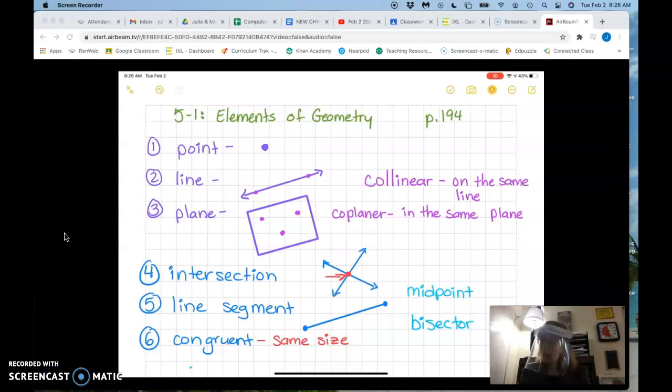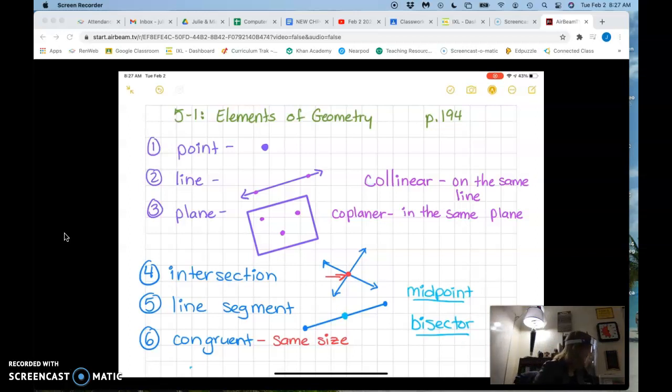Okay, so 2 more words that go with line segment are midpoint and bisector. The midpoint is going to be a point in the middle of a line segment that divides the segment in half exactly. Okay, so that's going to be our midpoint. And then bisector has a similar definition.